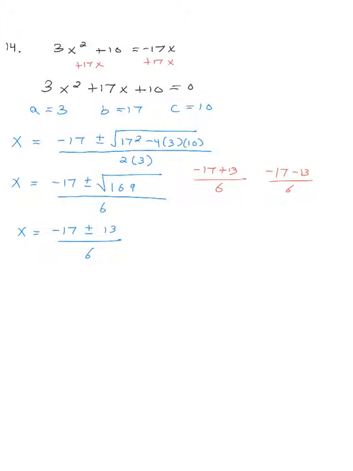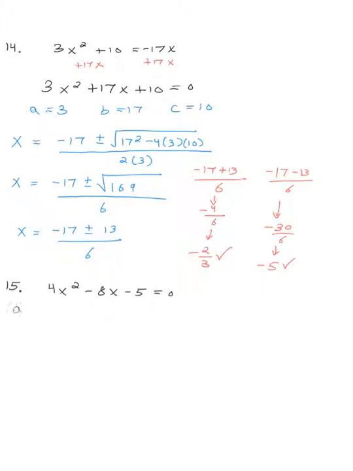Okay, the first one is negative 4 over 6, but then we can reduce this to negative 2/3. There's one of my solutions. This one is negative 30 over 6, which means the other answer is negative 5. Those are the two solutions to my equation, negative 2/3 and negative 5.